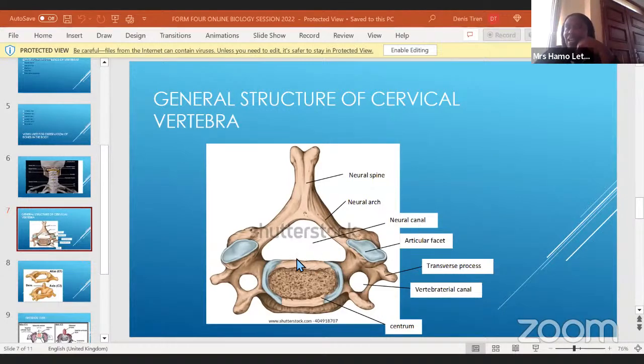The neural canal is an opening that allows the passage of the spinal cord. So we have seen that the vertebral canals are only restricted to the cervical vertebra. Otherwise, the rest are modified to their particular functions.